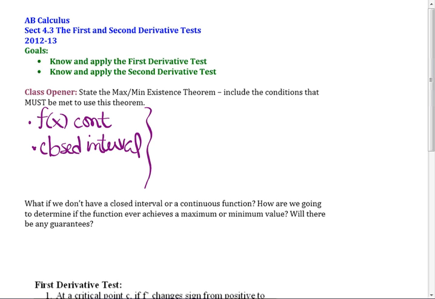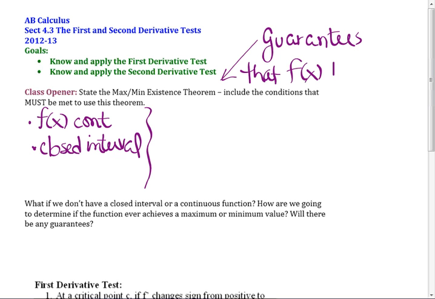Now, there's 5 theorems. You got to know all 5. They're all important. But if it's a theorem, it's important because there's only 5 of them. Okay, this guarantees, this is a guarantee, I like guarantees, that f of x has both a max and a minimum value.